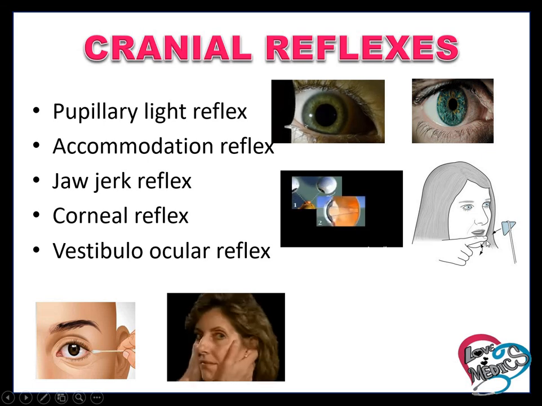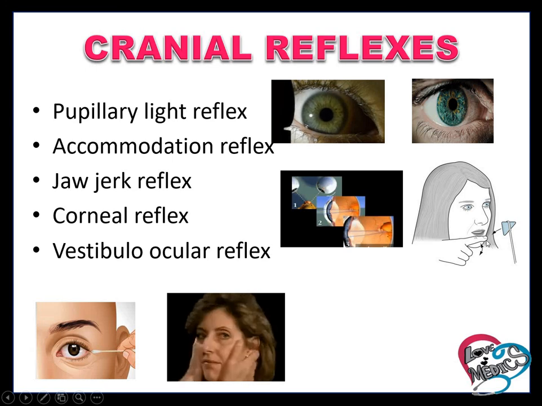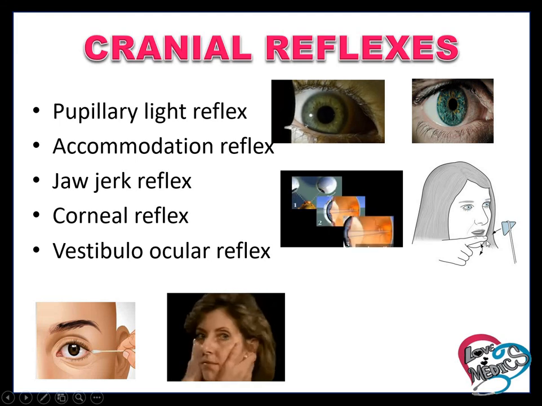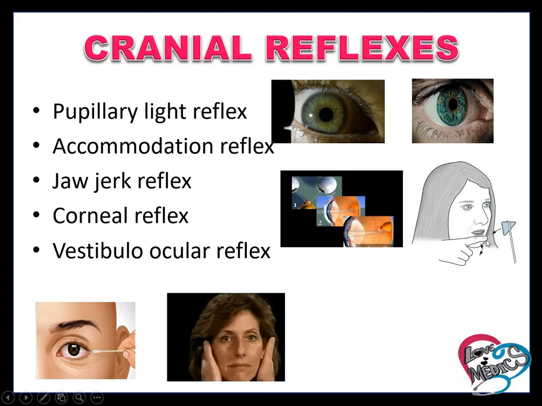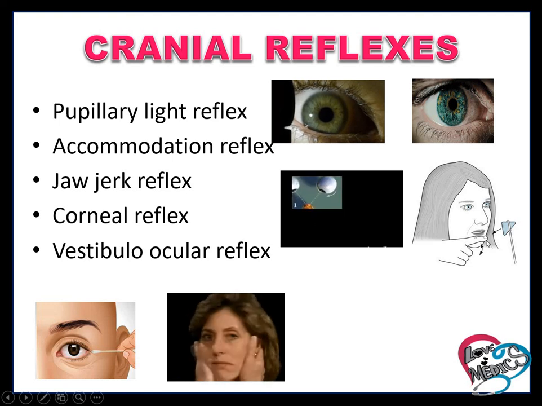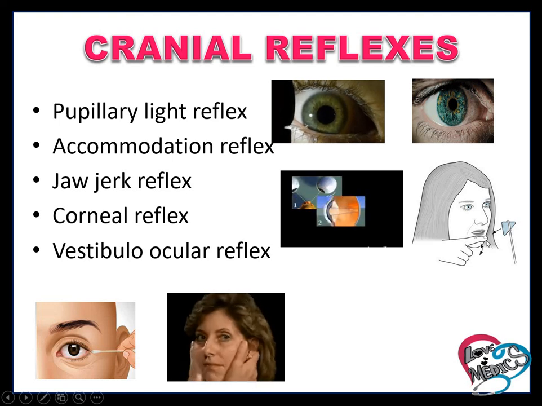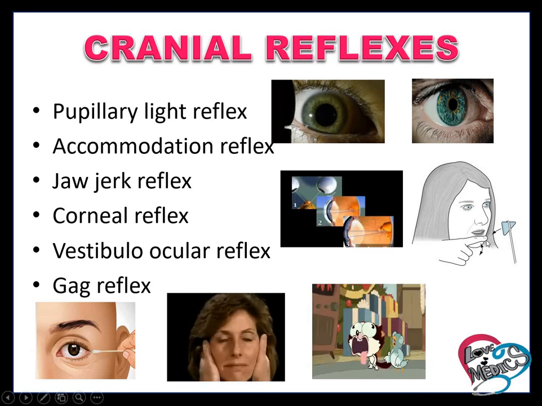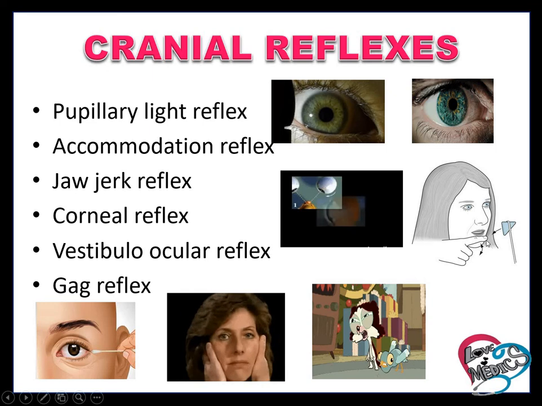That is the vestibulo-ocular reflex. Like a doll, we change the position of the doll's head, but the position of the eye does not change, right? So it is also called the doll reflex, doll's eye. Gag reflex, that is the sensation of vomiting.